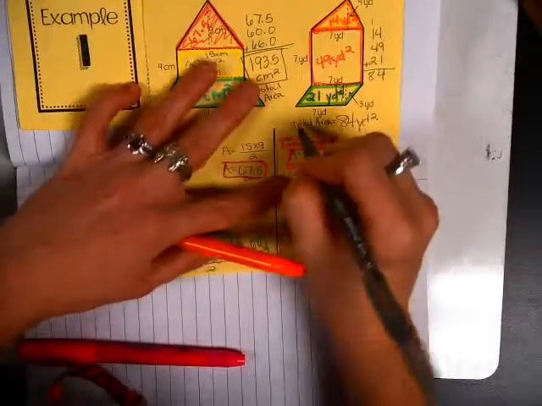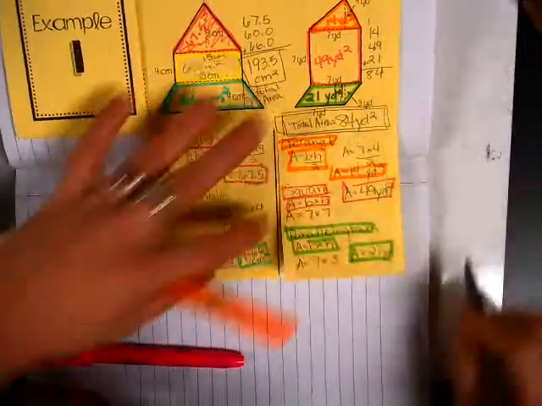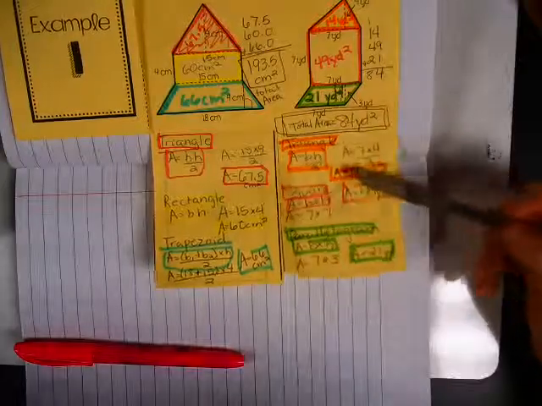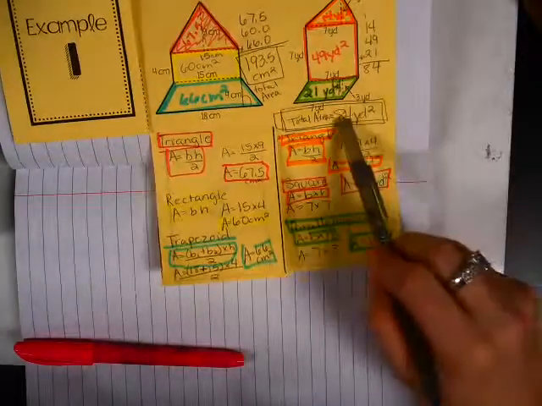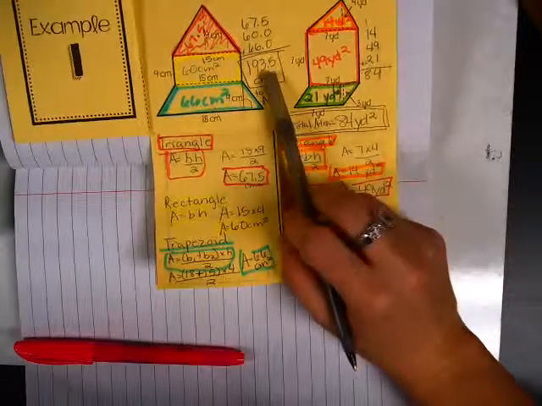So this is my absolute answer. So when it asks, what's the area of this figure? It's not these individual areas, it's this total area. Just like this one, it's the total area.